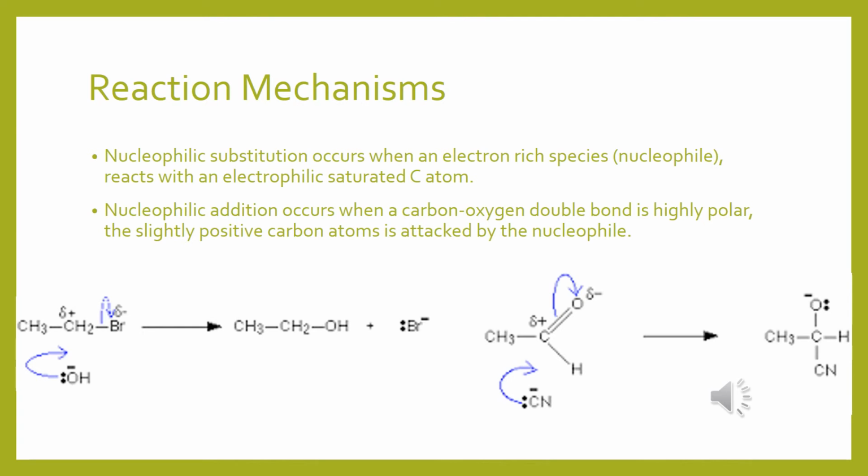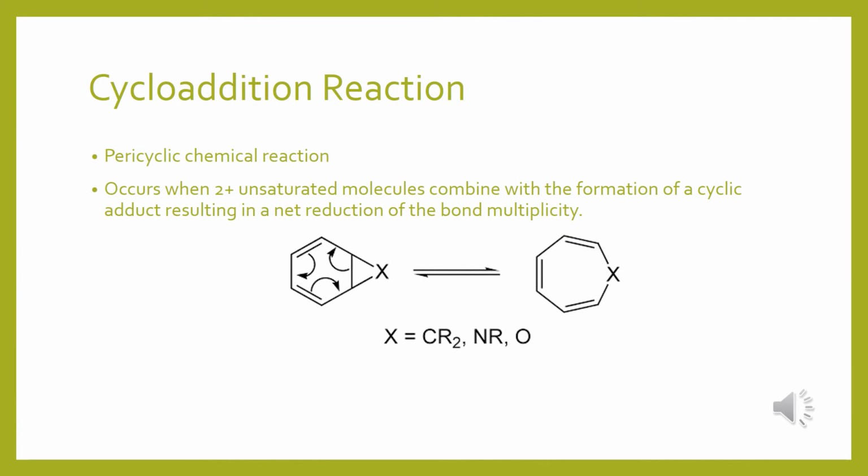The slightly positive carbon atom is attacked by the nucleophile. Cycloaddition reaction. A pericyclic chemical reaction occurs when two or more unsaturated molecules combine with the formation of a cyclic adduct, resulting in a net reduction of the bond multiplicity.